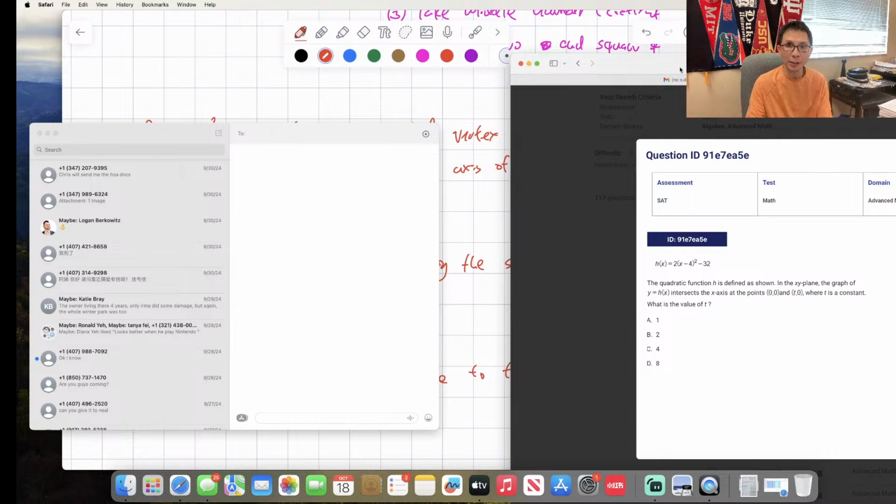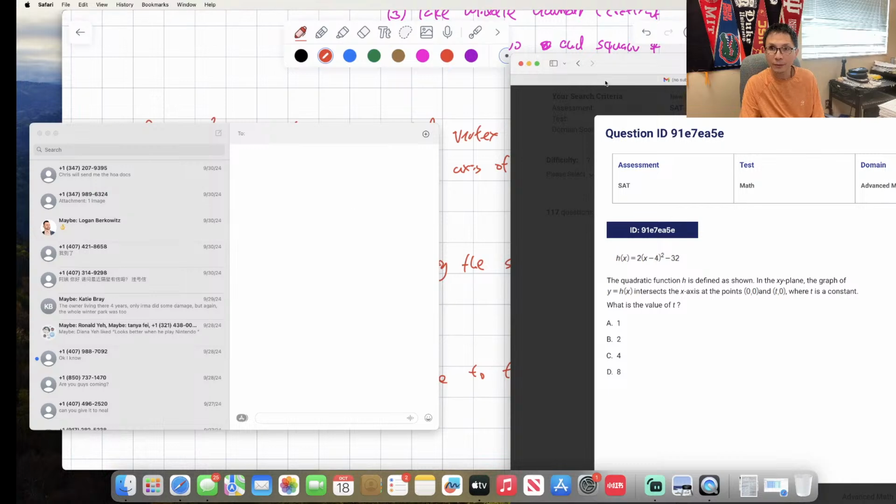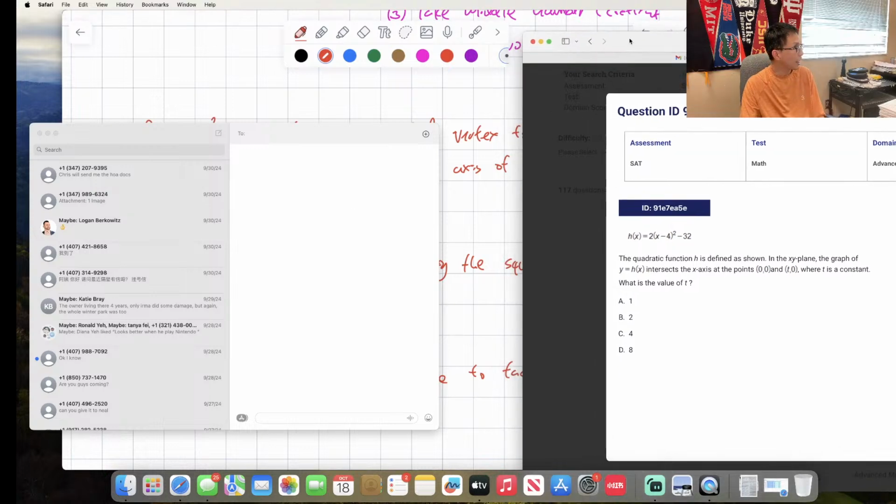Okay, so SAT question, this question is super easy. You can actually do it without decimals, but you can definitely do this question with decimals. So this is factor form, right? That's the vertex form, right? What's the question asking?